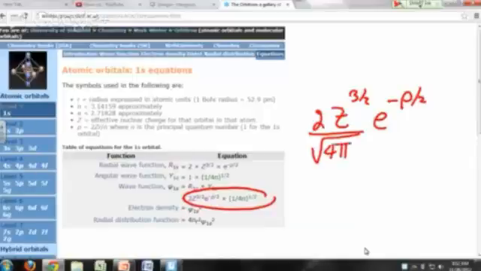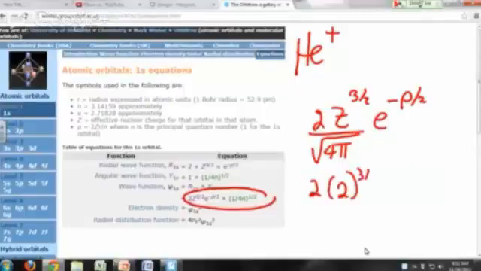pi. Okay. So in the case of helium, what's our Z for helium plus? Z is 2, right? So that's going to be 2 times 2 to the 3/2 over square root of 4 pi, e to the minus rho.